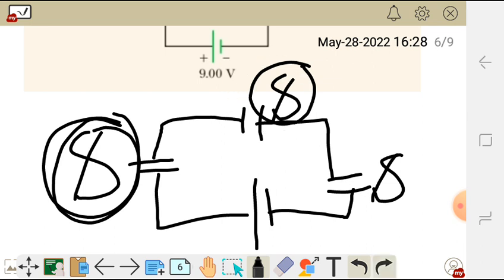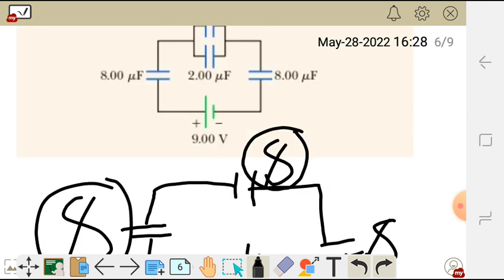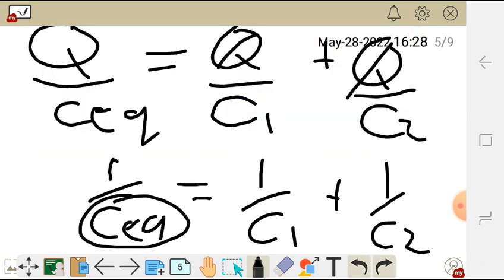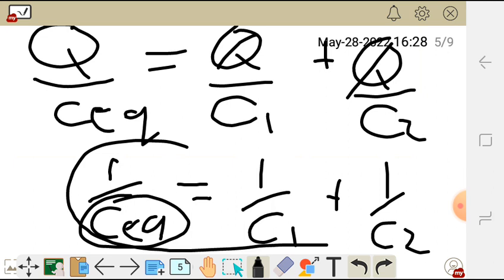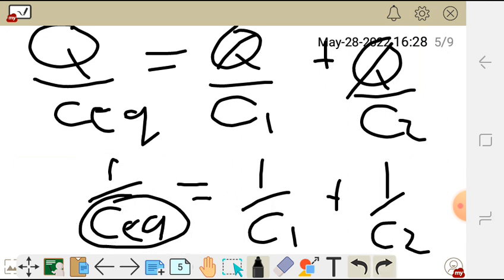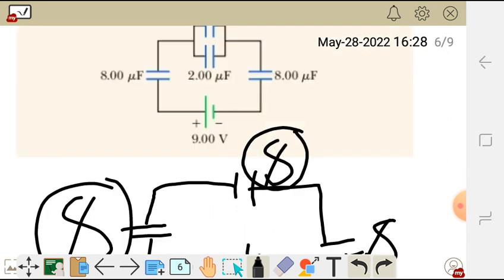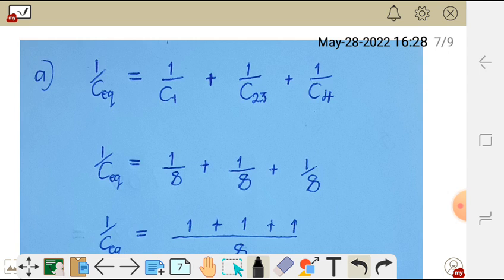We are going to use the same formula we developed here to find the equivalent capacitor, which is 1 over the equivalent capacitor equals 1 over capacitor 1 plus 1 over capacitor 2 and 3. Since they were in parallel, we have added them, so it is C2 and 3, and we have 1 over C4.